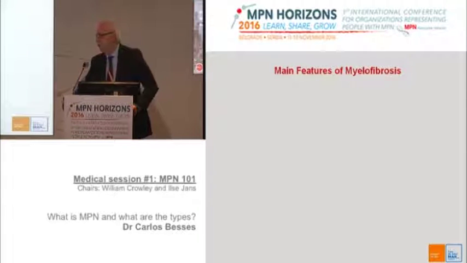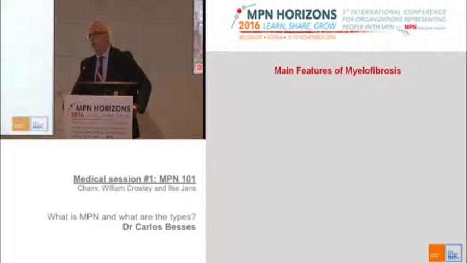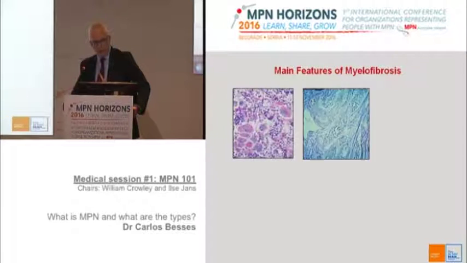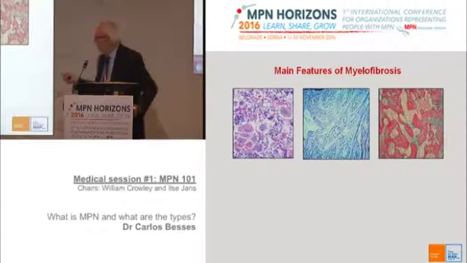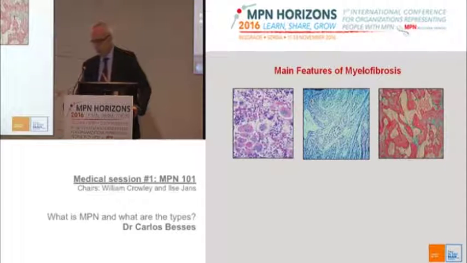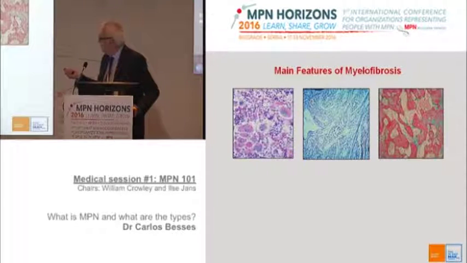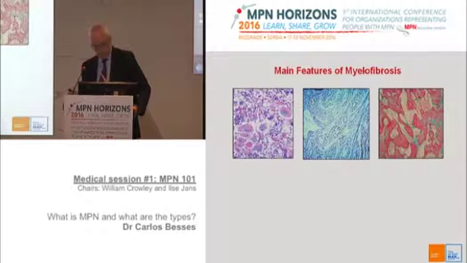Myelofibrosis has a distinct picture from ET and PV. ET and PV are characterized by excess of production of cells, ET by platelets, PV by red blood cells and sometimes leukocytes and platelets. But here, the features of myelofibrosis are that the bone marrow is scarred, that there is scar formation in the bone marrow that may progress to really severe forms, apart from a predominance of atypical megakaryocytes.